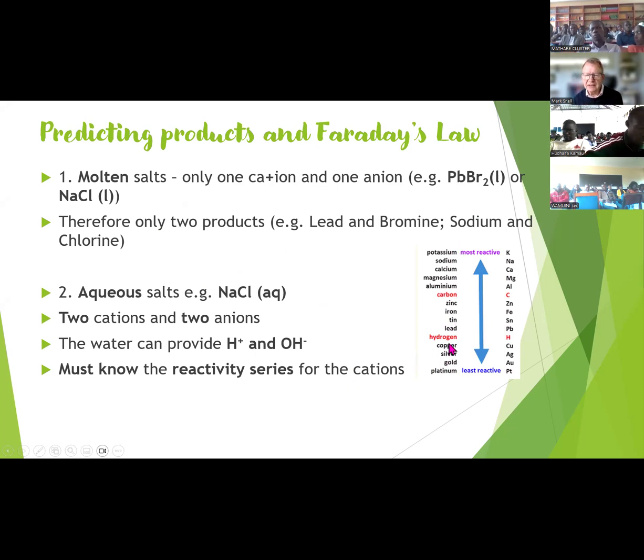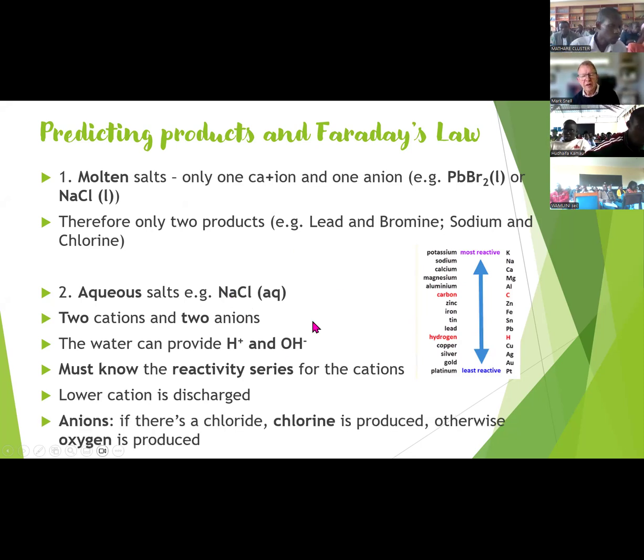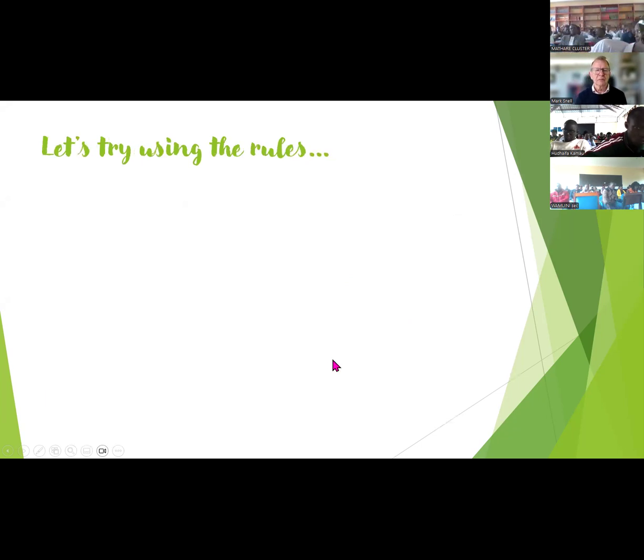So it is easier to discharge hydrogen than to discharge sodium. So it will always go for the lower of the two ions. So the lower cation is discharged, and therefore in sodium chloride, we will get hydrogen. And then in the anions, if there's a chloride or a bromide or an iodide, that is what is discharged. Otherwise, it will be oxygen.